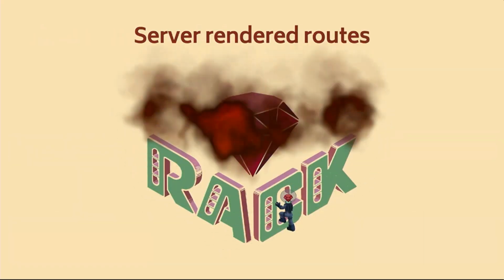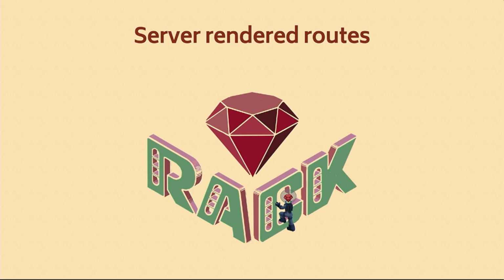Next is server-rendered routes. So why would we want dynamic functionality in a static site generator? Well, I come across use cases quite often where about 95 or even 99% of a website is static, and then you want a tiny bit of dynamic functionality, most commonly a contact form. Like everything is static, but the client's like, oh, can we have a contact form?